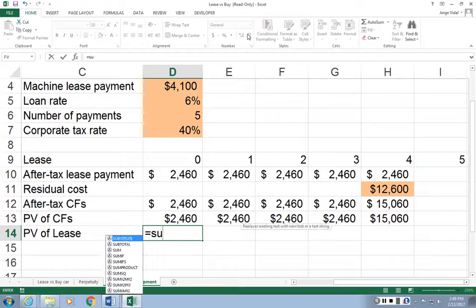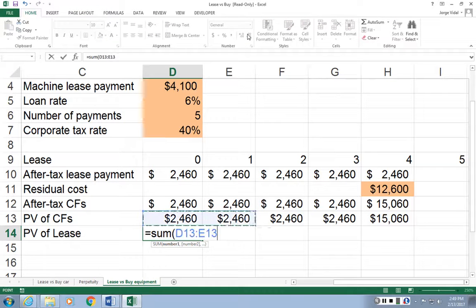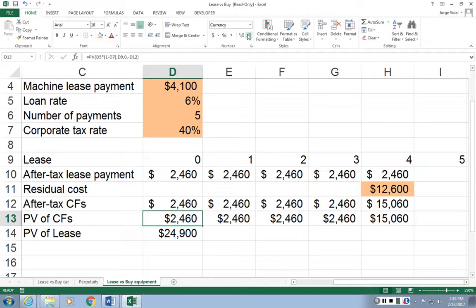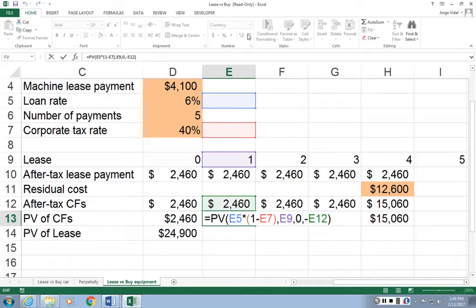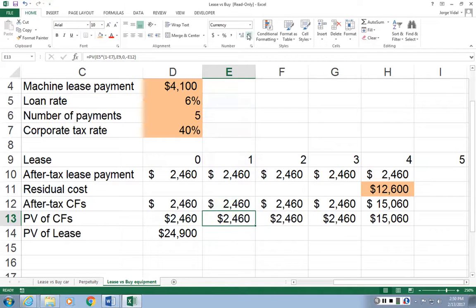It will be the sum of all the present values. I think I had a mistake. Something didn't work. Obviously, I forgot to lock some of the cells.